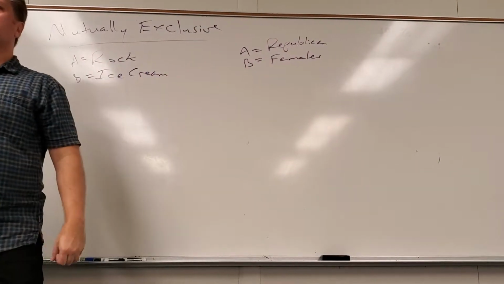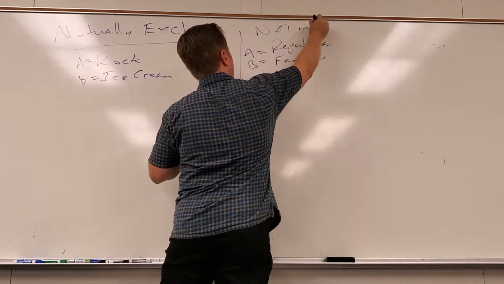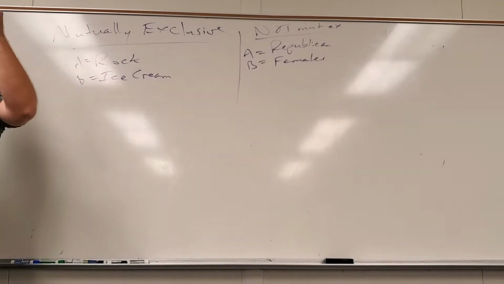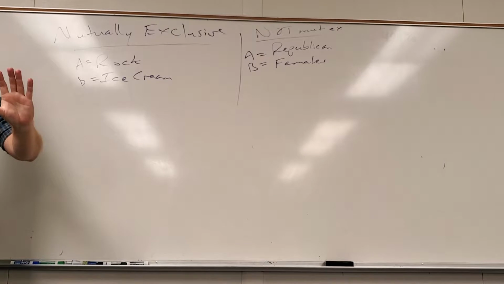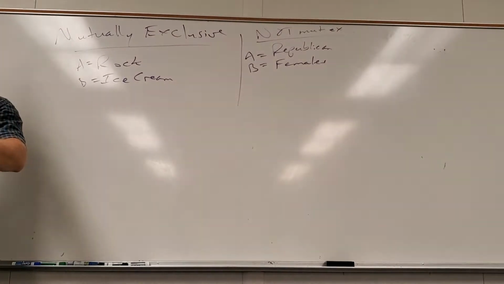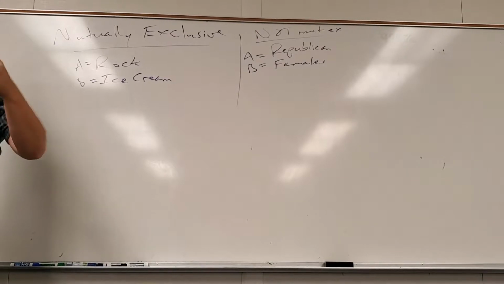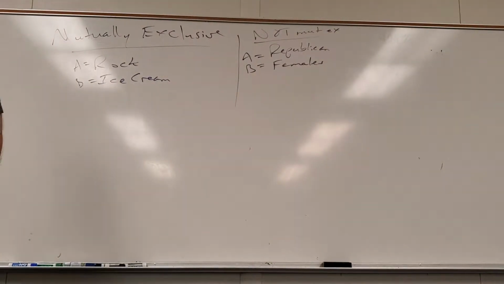Are those mutually exclusive? No. Good. They're not mut X. Because I can find somebody who is in both. I can find a Republican who is a female. Right? No judgment on that, but that means it's not an example of two mutually exclusive events.